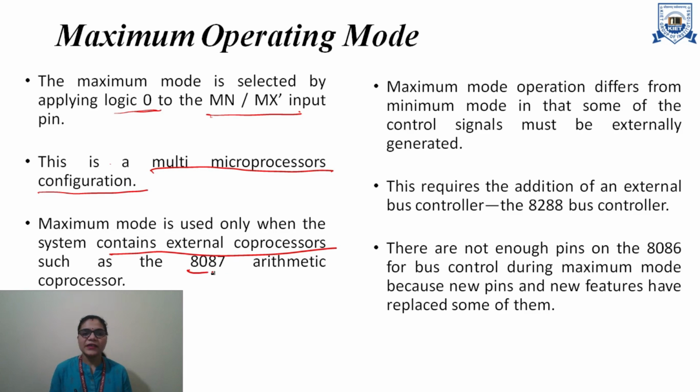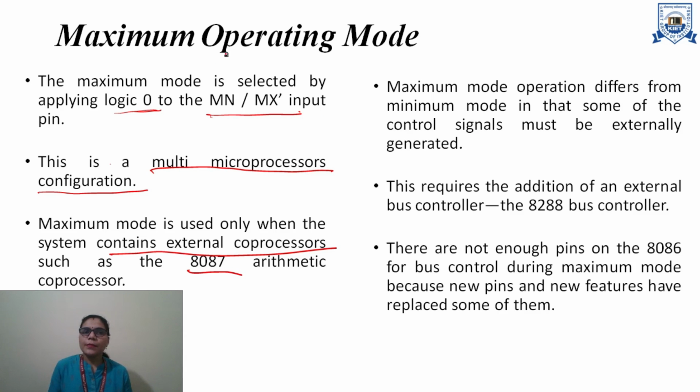It can be an 8087 arithmetic coprocessor, etc. Maximum mode operation differs from the minimum mode because in minimum mode the 8086 generates control signals for basic memory and input-output operations. That is a single processor configuration.